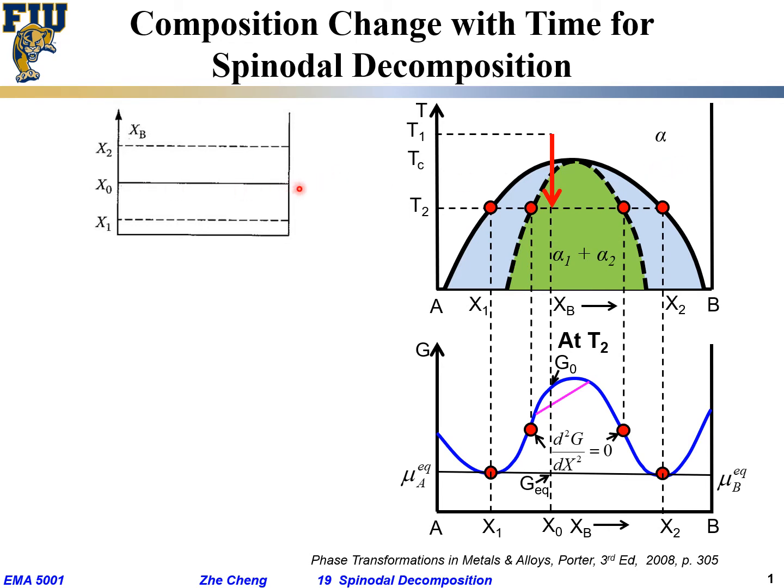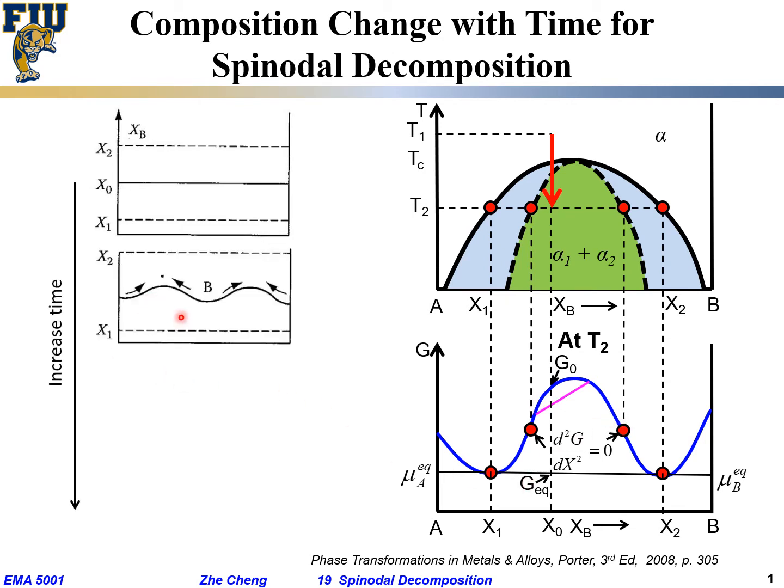But then, from one local composition to two neighboring compositions, one leaner, one richer, do you see, as time increases, I become something like this? So-called composition fluctuation. Do you see that? Some part richer, some part leaner. Make sense?